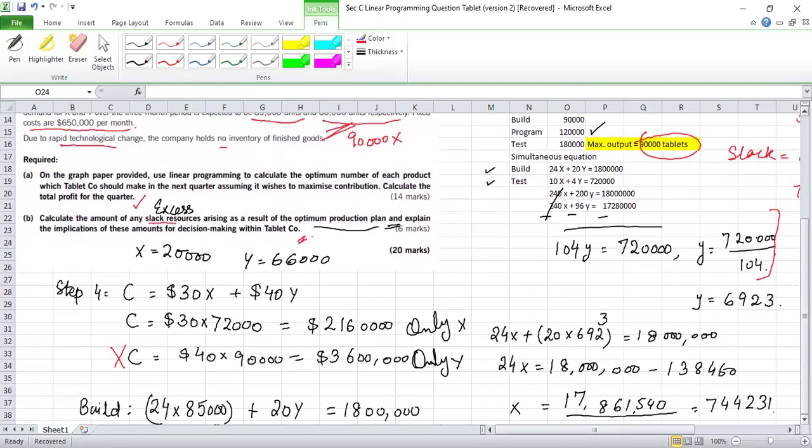So we will say that wherever we have excess resources or excess values, it means we are not capable to utilize our time properly or we are not utilizing our fixed cost properly. So it is the problem at the company's end that the company is unable to utilize their time completely and they are wasting their resources.